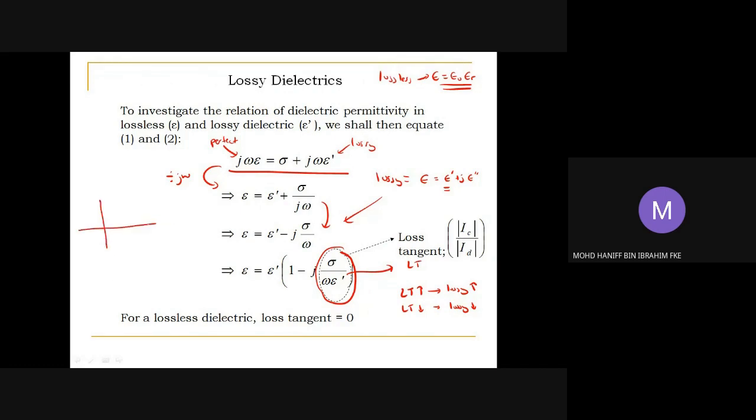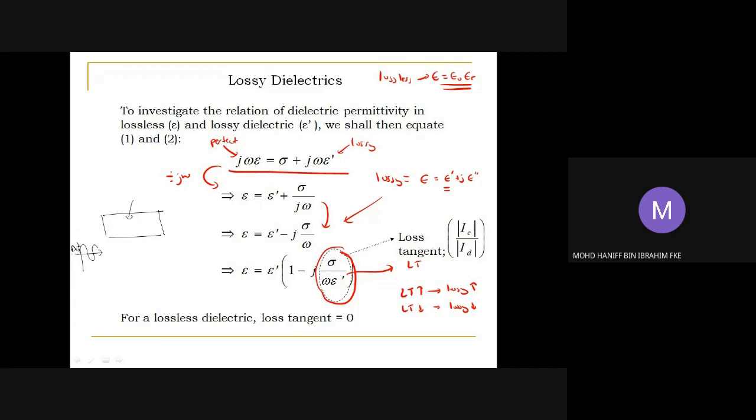What is meant by lossy? I'm using the analogy of the wave just now. Let's say this is your dielectric, and the wave is propagating towards this dielectric. For example, we have this wave with A naught as the amplitude of the wave.